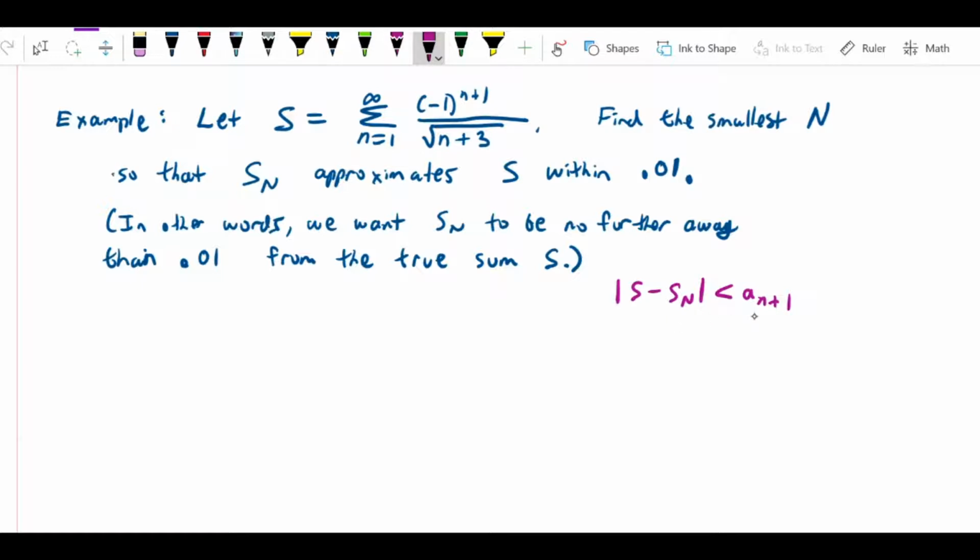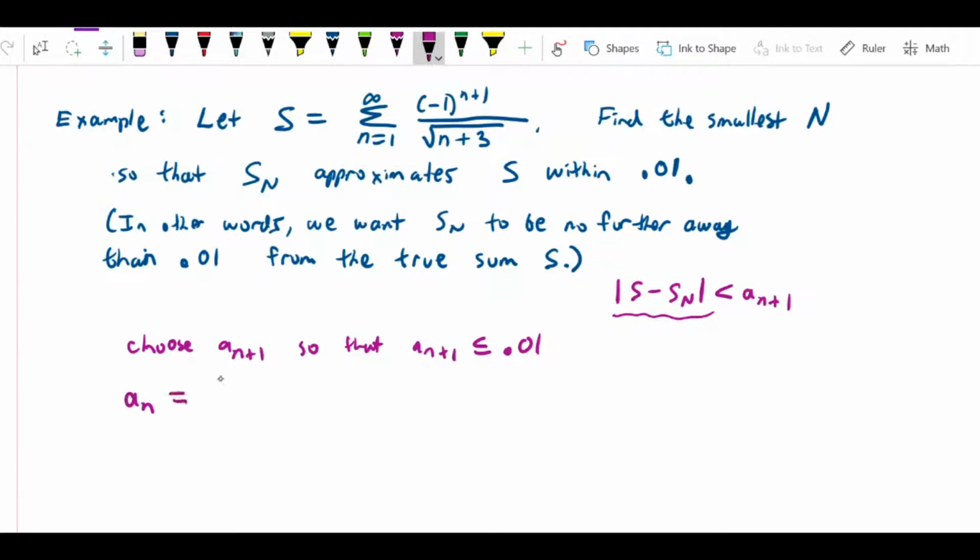Based on the work that we saw in the previous videos, we know that this number is going to be less than a_(n+1). So I want to choose n so that a_(n+1) is no larger than 0.01, because as long as it's 0.01 or less, this statement is going to give us a number that's less than 0.01.